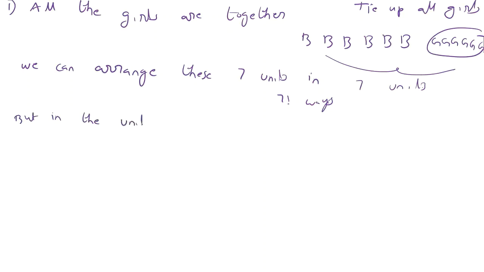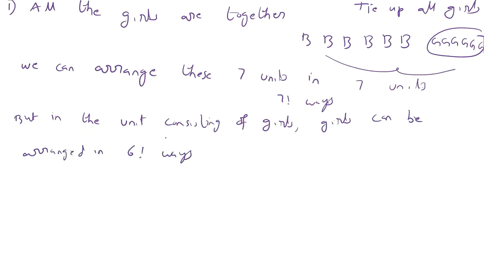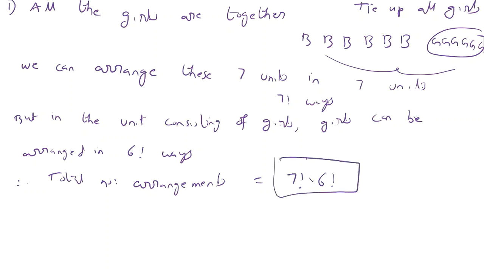Therefore, the total number of arrangements in which all the girls are together is equal to 7 factorial times 6 factorial.